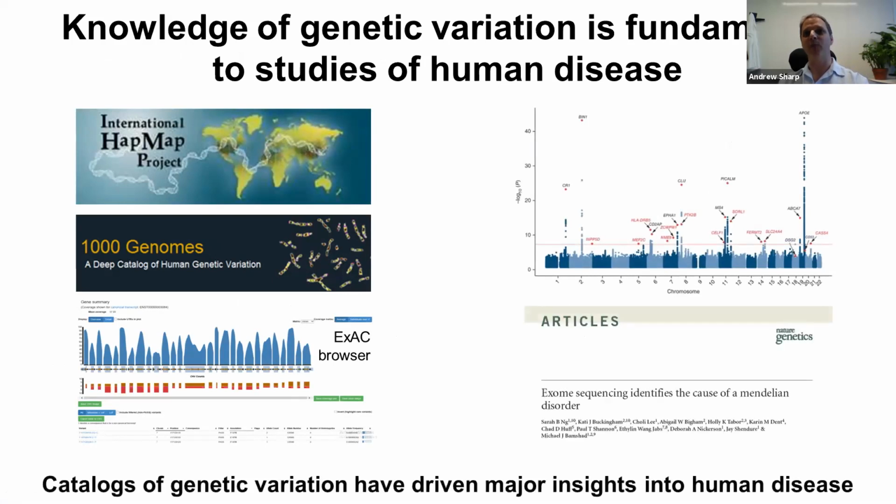So for example, the HapMap established large-scale maps of common variants that facilitated genome-wide association studies. Things like the Exome Aggregation Consortium have given us insight into rare variants, and these have been really fundamental in things like exome sequencing studies, which have really been, I would say, the drivers of most modern insights into human genetic disease.